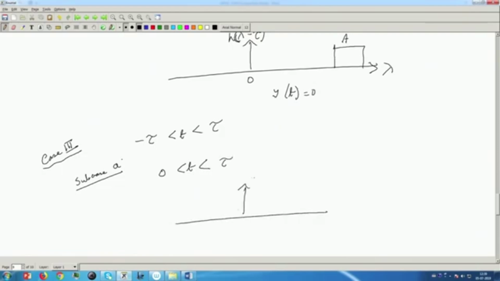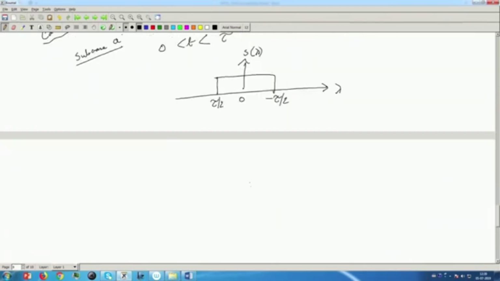So, put s(lambda), h(t minus lambda), this is lambda.